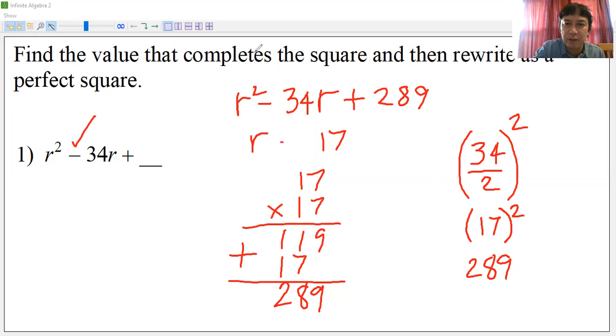So this will be a minus. Then we enclose this and square it. That is how we rewrite it as a perfect square.